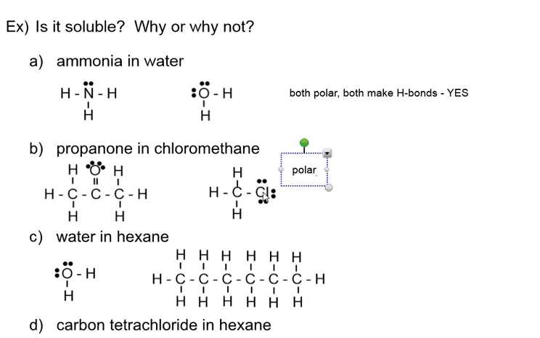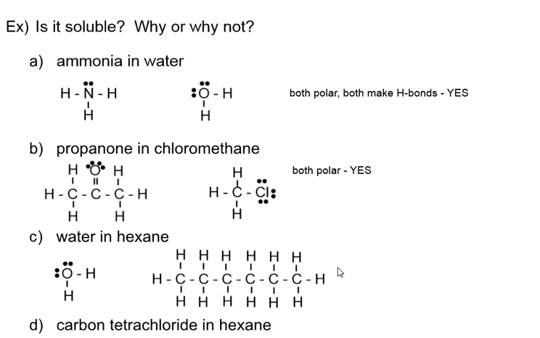The chlorine is much more electronegative than the carbon, so it'll pull the electrons around it, making this area of the molecule partially negative. So in this case, they are both polar. Now, they don't make any hydrogen bonds, but that doesn't mean that they're not polar molecules. If they're both polar, they're both alike, which means, again, yes, they will be soluble in each other.